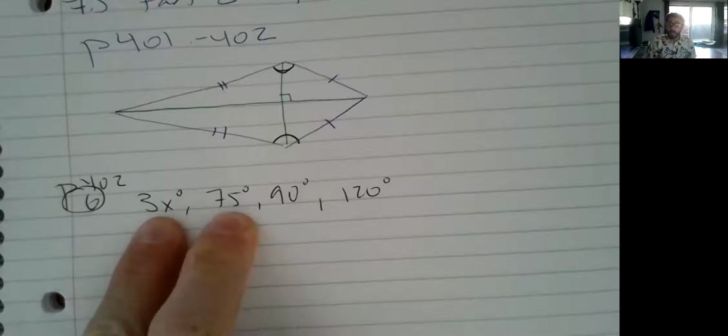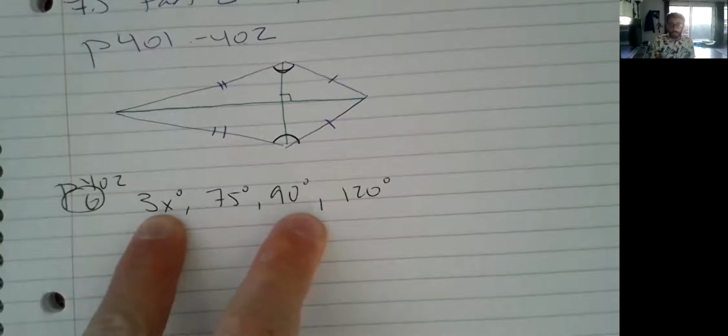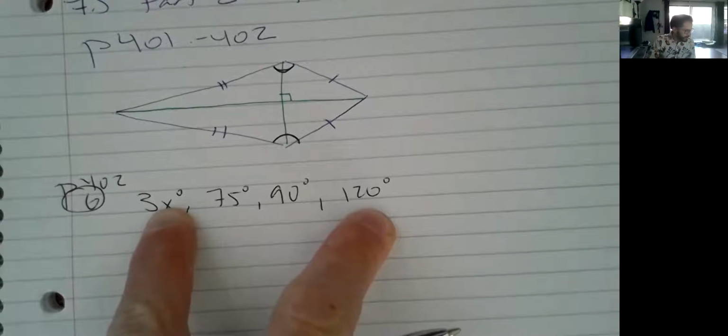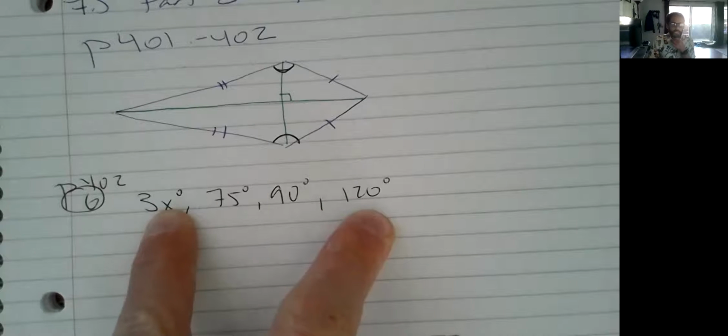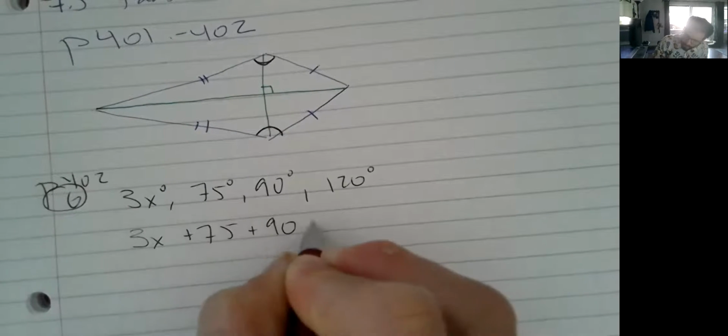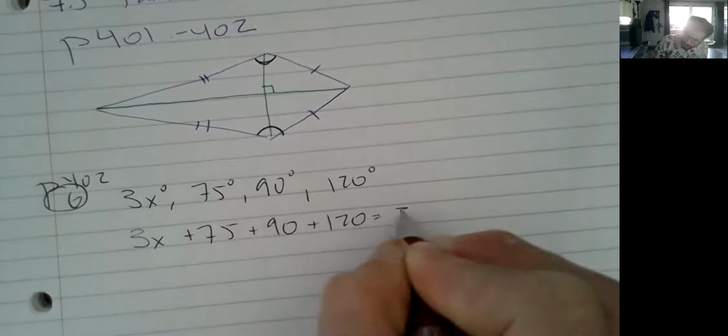We need to find the value of x and figure out which angles are congruent. Remember, there's going to be one pair of congruent angles. Are these going to be both 75 degrees? Both 90 degrees? Or both 120 degrees? Well, wait a second. It is a quadrilateral, and all the interior angles of a quadrilateral have to add up to 360.